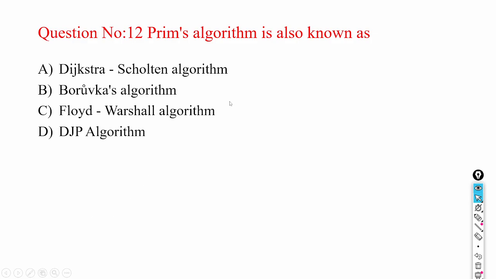It gradually expands the tree, and in some books it is referred to as the DJP algorithm. Dijkstra's algorithm is not Prim's algorithm.